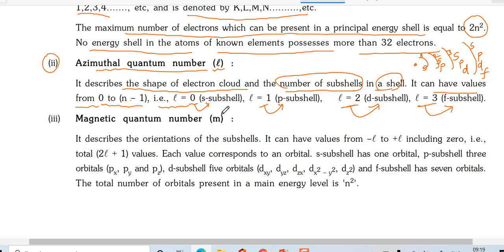Later we will discuss what s means, p means. Generally the s subshell is spherical in shape, the p subshell is dumbbell shaped, d is double dumbbell shaped. Then the f subshell is complex, actually triple dumbbell, a 3D figure we cannot draw here.